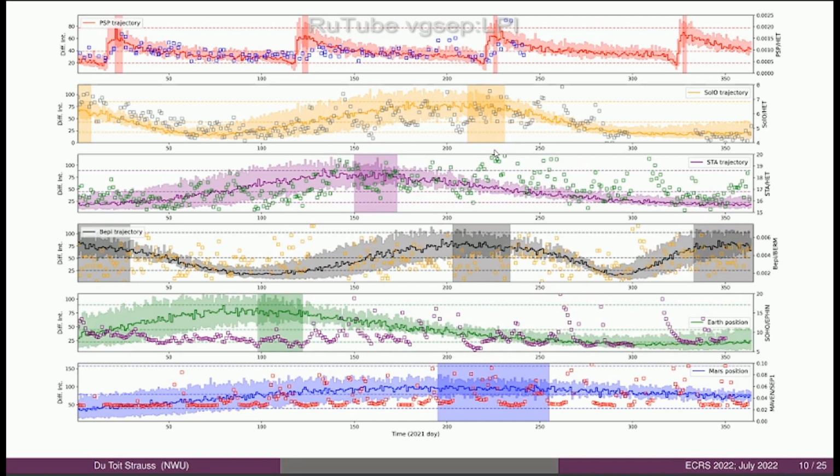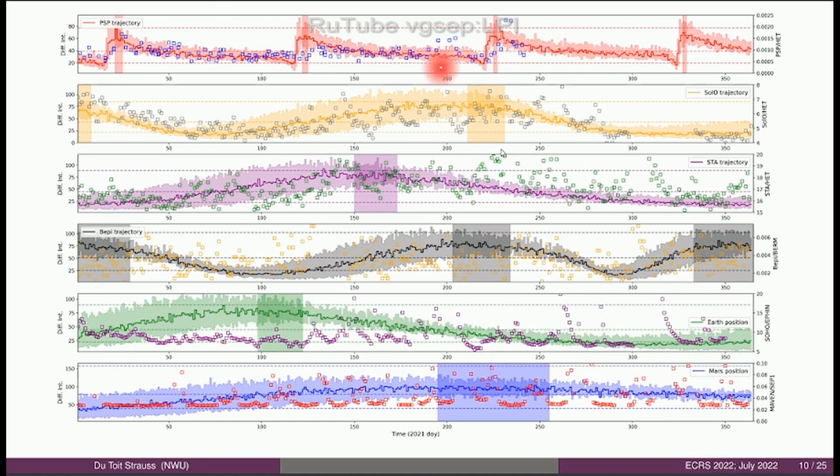The data is not clean, so there's a couple of peaks in the data. These are solar energetic particle events. They still have to be taken out. But for some spacecraft, we already see a very nice trend. So recently published for Parker Solar Probe, the blue data points show these periodic little intensity jumps, which we can show nicely are from Jupiter.